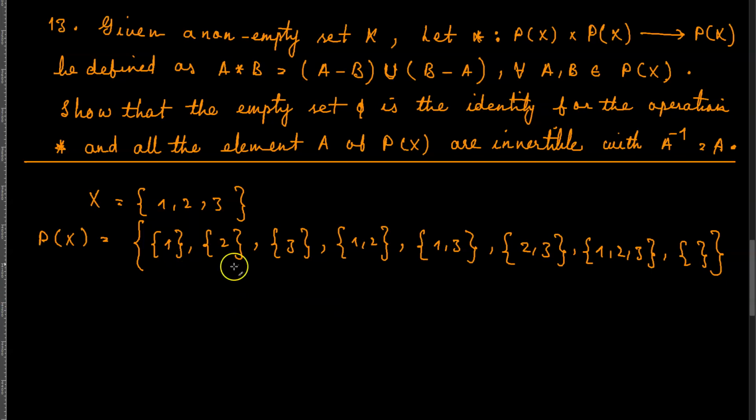So what that means is that now this is your P of X, and so the binary operation is basically on this, on the set P of X.